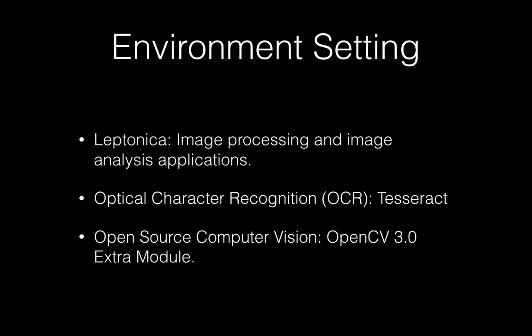First, I'm going to introduce three libraries, or you can say software. First is Leptonica. I think everyone knows OpenCV. Leptonica is another image processing and image analysis library. I'll talk in more detail in the next slide. Then there's of course the OCR engine, and one well-known engine is Tesseract. Last is the open source computer vision library, the well-known one, OpenCV. But here I'm going to talk about OpenCV 3.0 and its extra module.